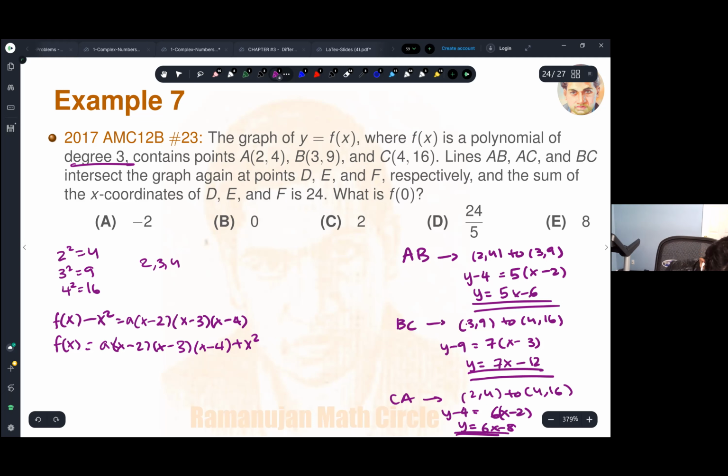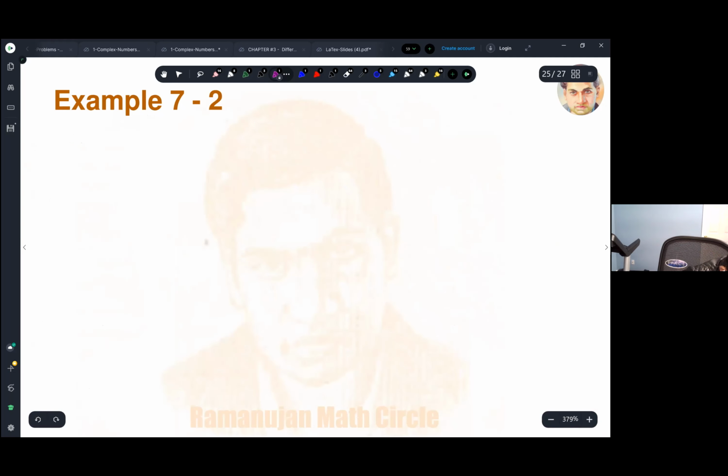So these are our 3 lines, and they intersect the graph at 3 points again, so D, E, and F. So let's plug that in. Let's write the lines again: 5x minus 6, 6x minus 8, and 7x minus 12.